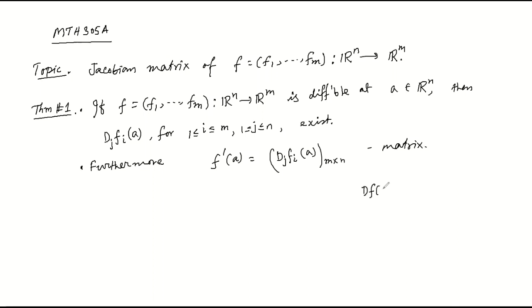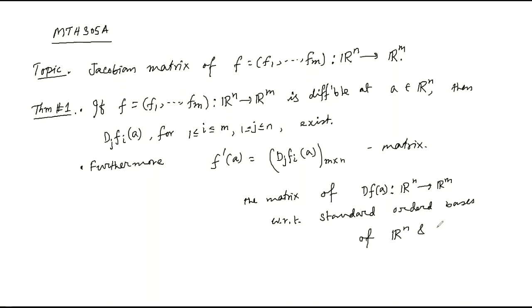So df, the derivative of f at the point a, is basically a linear transformation from Rn to Rm, and the matrix of this linear transformation with respect to the standard ordered basis of the Euclidean spaces Rn and Rm is called the Jacobian matrix.